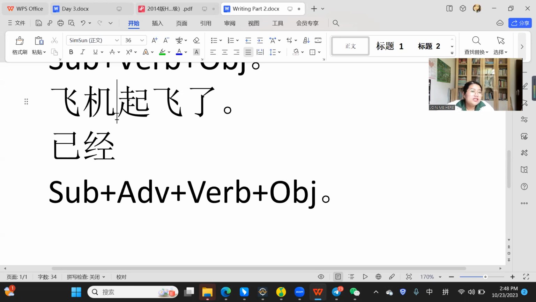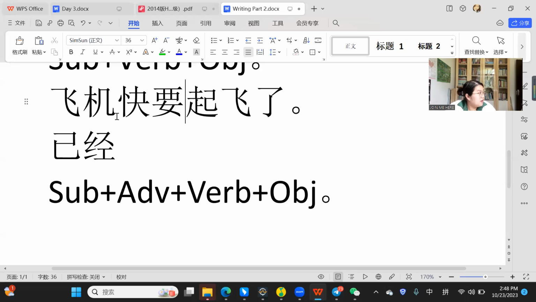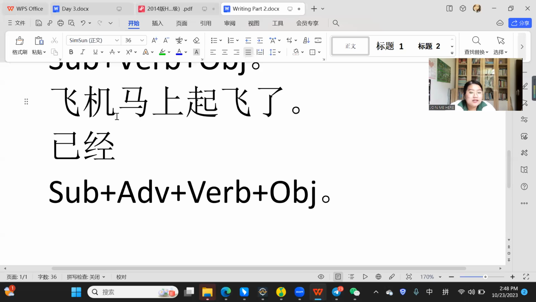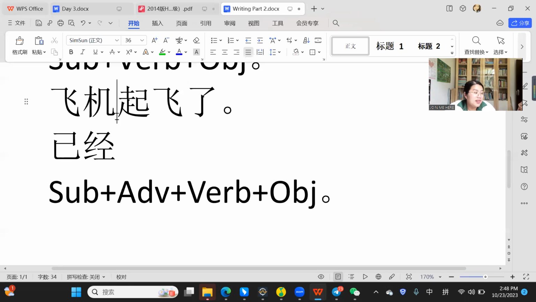So you can put 飞机快要起飞了 or 飞机马上要起飞了, something like that. Even if you can't think, just 飞机起飞了. At least it will give you something.